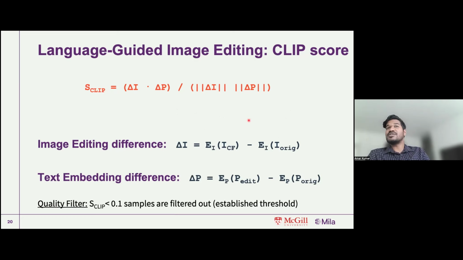And similarly, we also take a difference with the text embedding, which is passing the original text and the edit text through the image encoder. And we do a quality filtering, which is if this clip similarity score is less than 0.1, these samples are filtered out. This is an established threshold from the field, which people have observed in the natural language domain. So performing this clip similarity on top of the editing that was just now explained in case of stable diffusion is allowing us to have this control over image editing process.